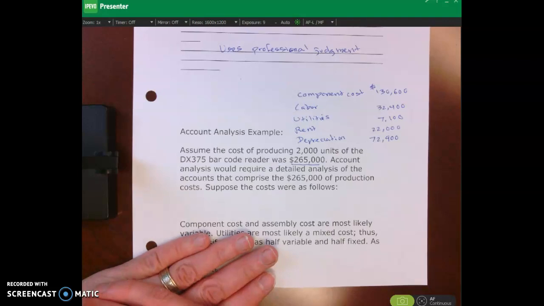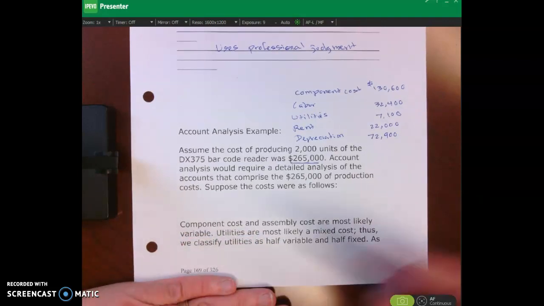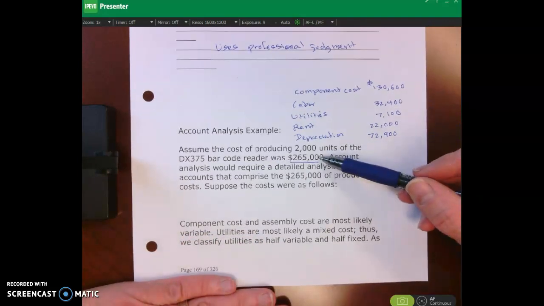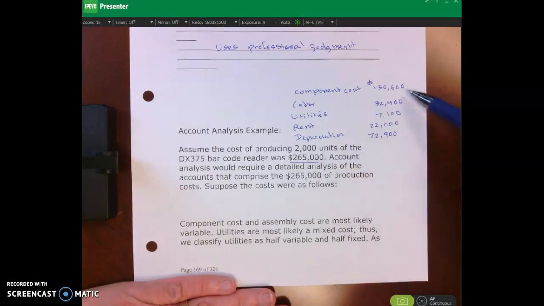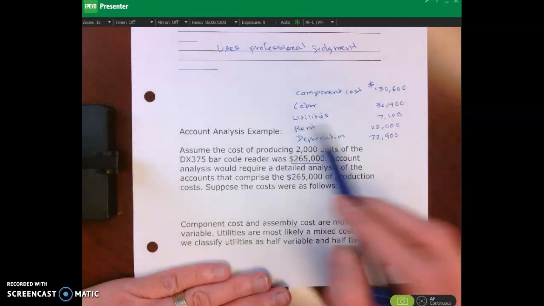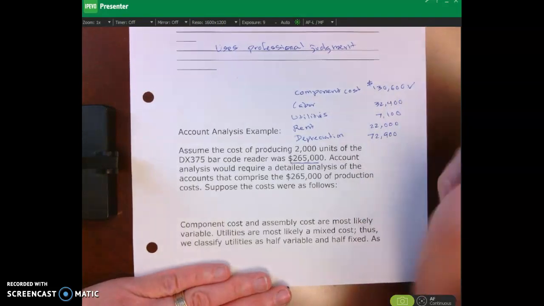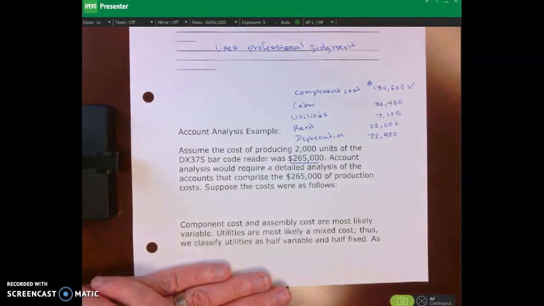So that's the first thing that we would do: go through here and say, how did we get to this 265? The next thing that we would do is go through and classify these costs as variable, mixed, or fixed. So when we think about direct materials, we should know that it is a variable cost. So I put a V for variable.